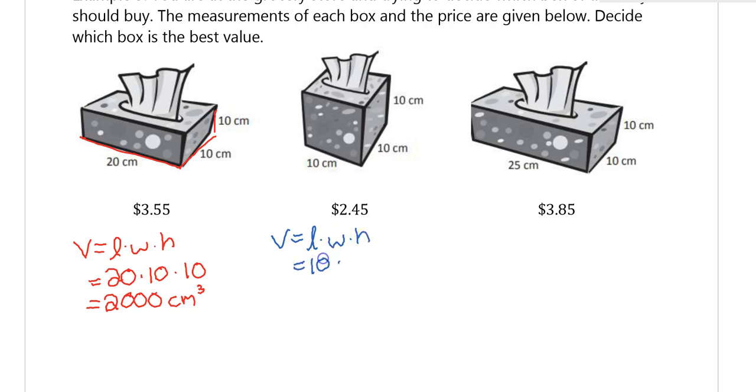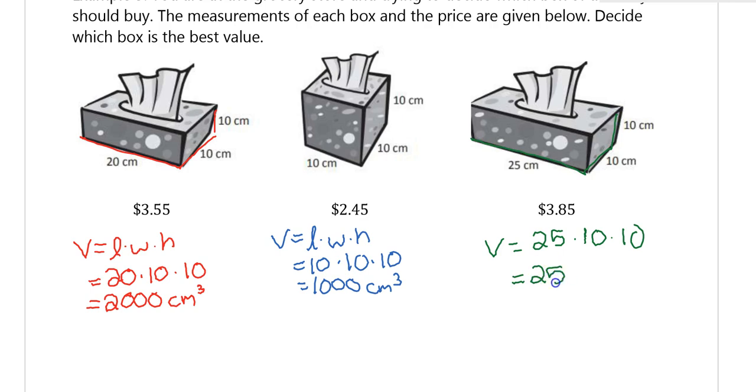I get 10 times 10 times 10. I get 1,000 centimeters cubed. For my last box, volume equals 25 times 10 times 10, right? Which is 2,500 centimeters cubed. Okay. So that just tells us how much volume.